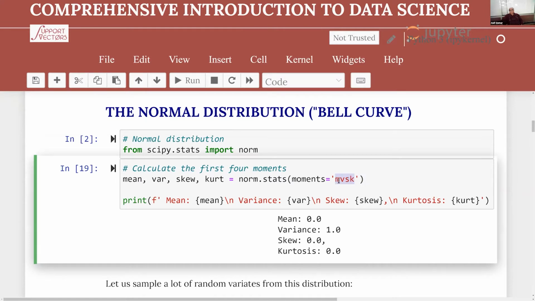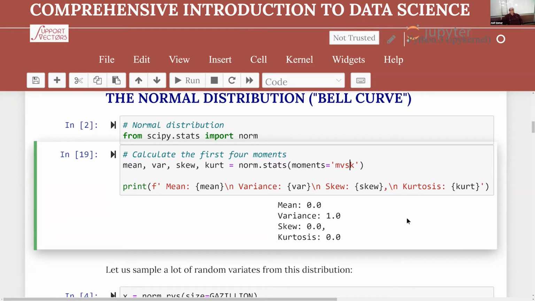M for mean, V for variance, S for skew, K for kurtosis, and we just print it out. Please do that and confirm for yourself that a bell curve has 0 mean, 1 variance, 0 skew and 0 kurtosis. Skew, it's symmetric. Kurtosis means the tails are not heavier, right?